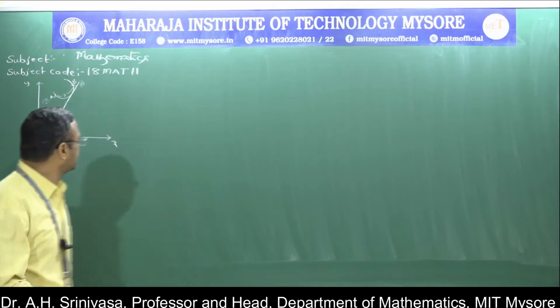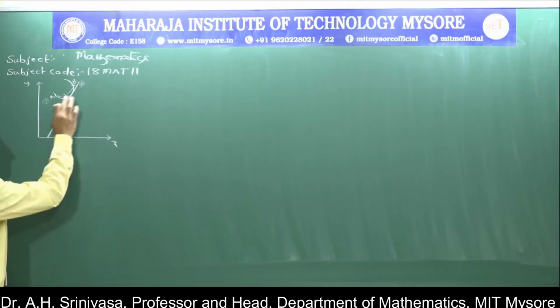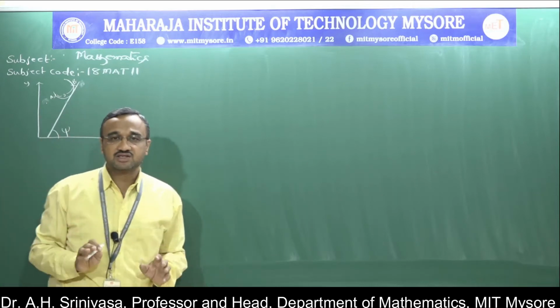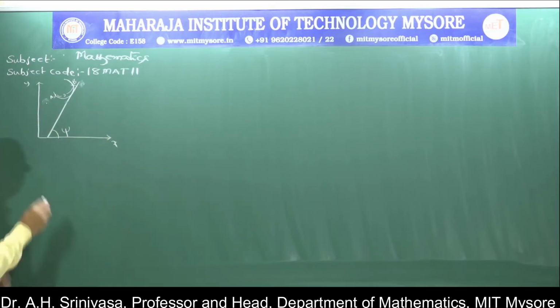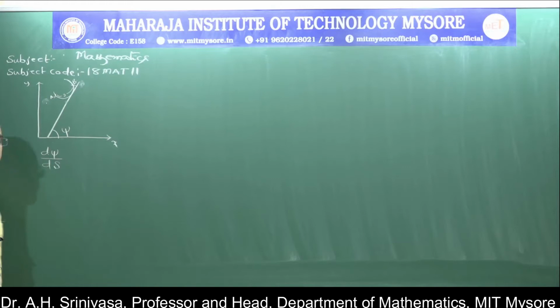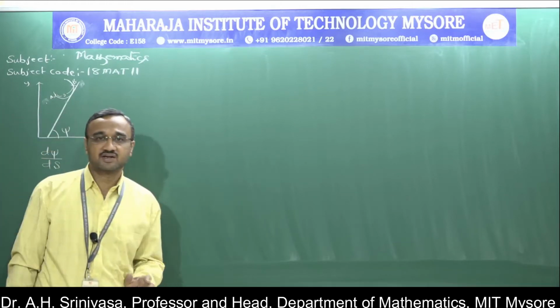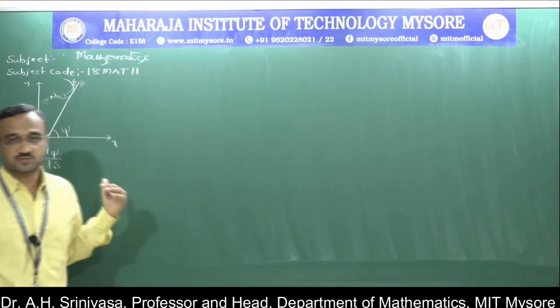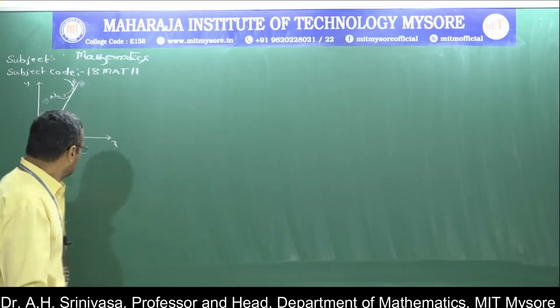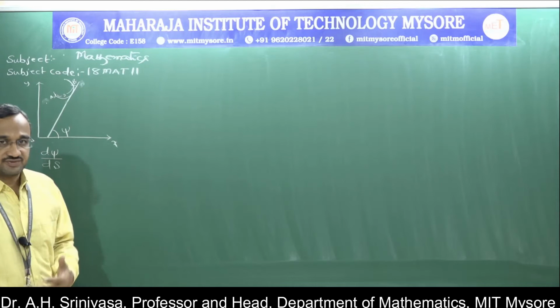Simply you can write it like this. You have to remember, the rate of change of psi with respect to S is called curvature. Note it like that: d psi by d S. This is called curvature.